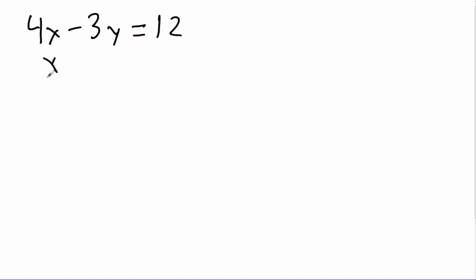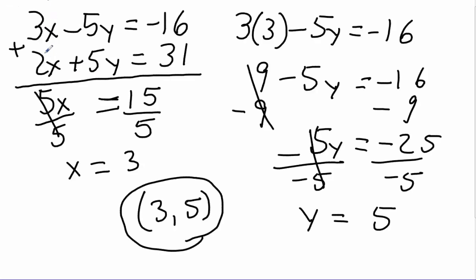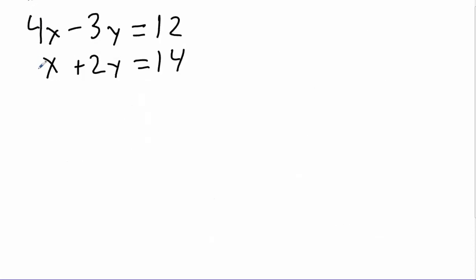Then we have x plus 2y is equal to 14. Now again, we need to eliminate one of the variables. This is a 4x, this is a 1x. Since there's nothing, it's a 1. Then we have negative 3y and a positive 2y. Right off the bat, unlike in the last problem, the coefficients of the variables don't match. A 4 and a 1.